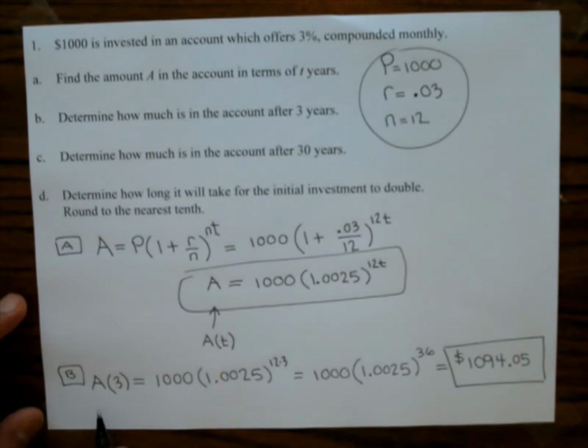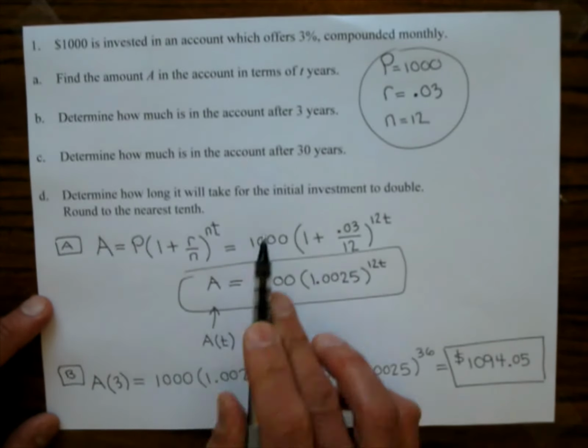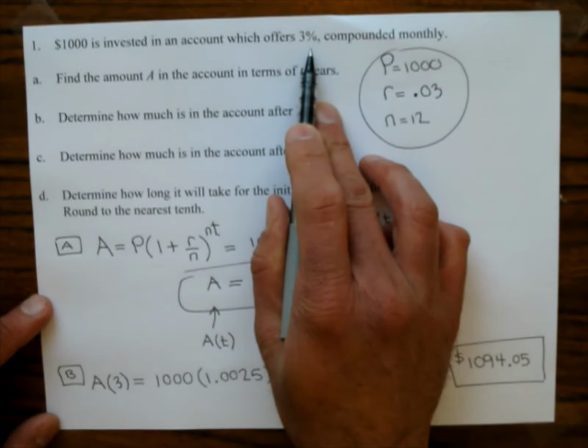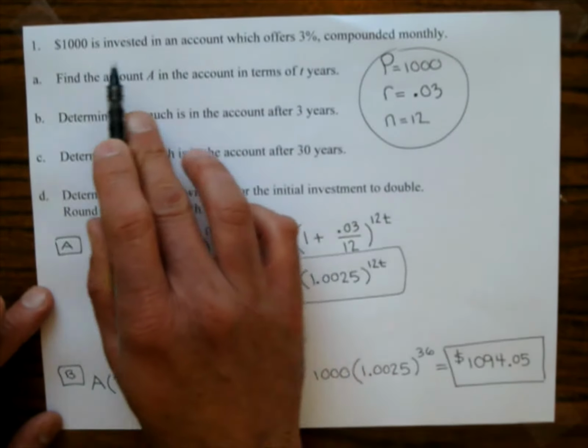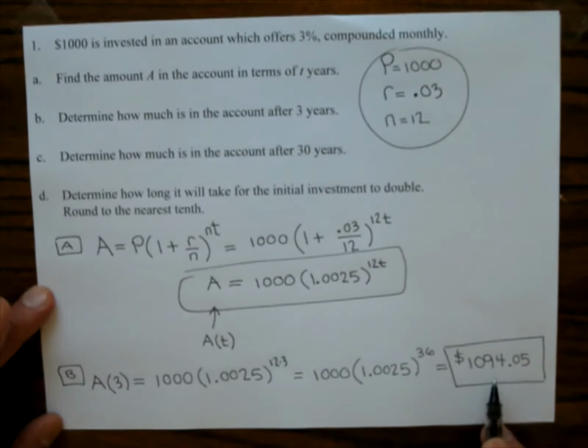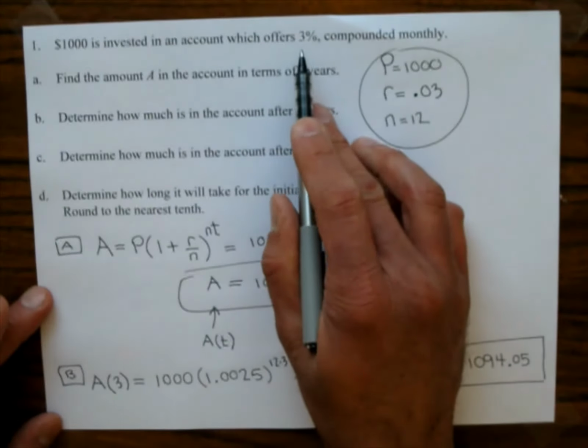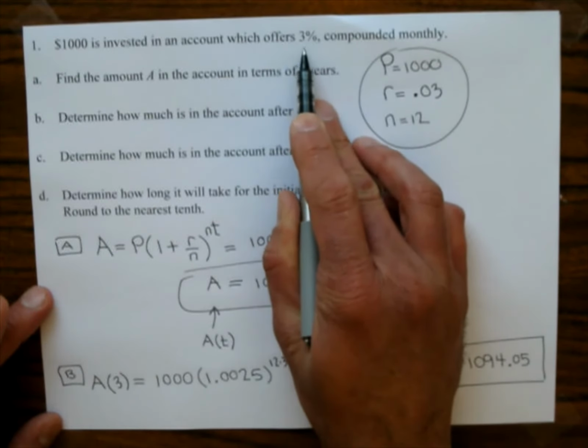So that's how much money you have. After 3 years at 3%, your $1,000 just made you $94.05 richer.